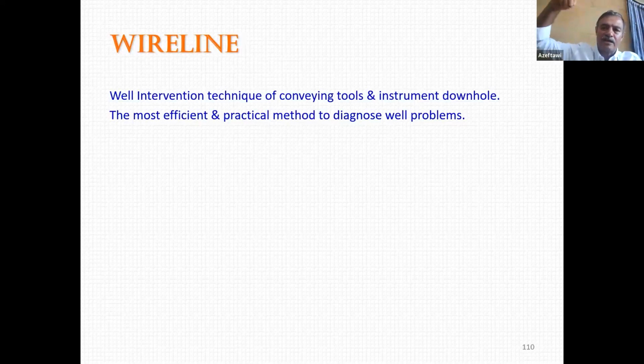We run what we call a gauge cutter. It's a small device. When it stops at this depth, it will tell you what kind of restrictions you have. Then you can run what we call an impression block, which will give you a print of the profile that you stuck at or couldn't pass. So it's very simple, very easy.